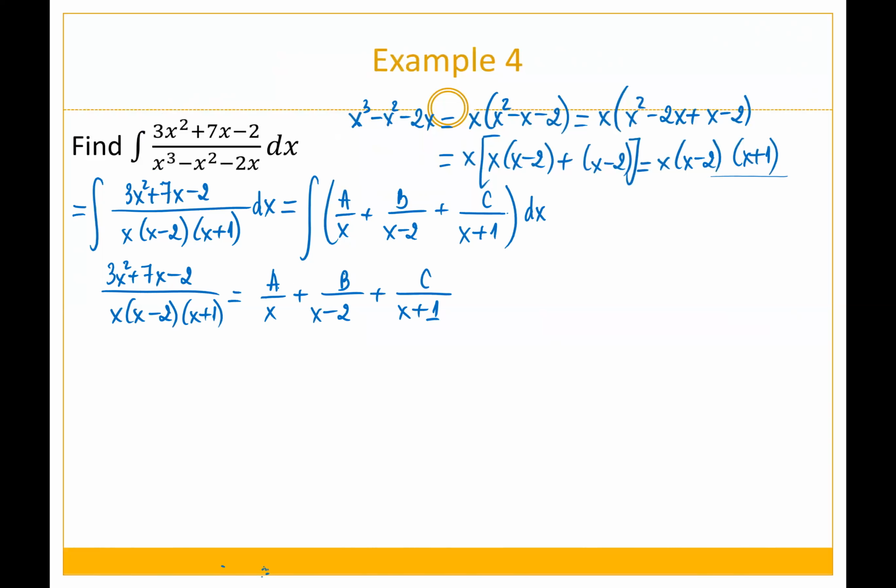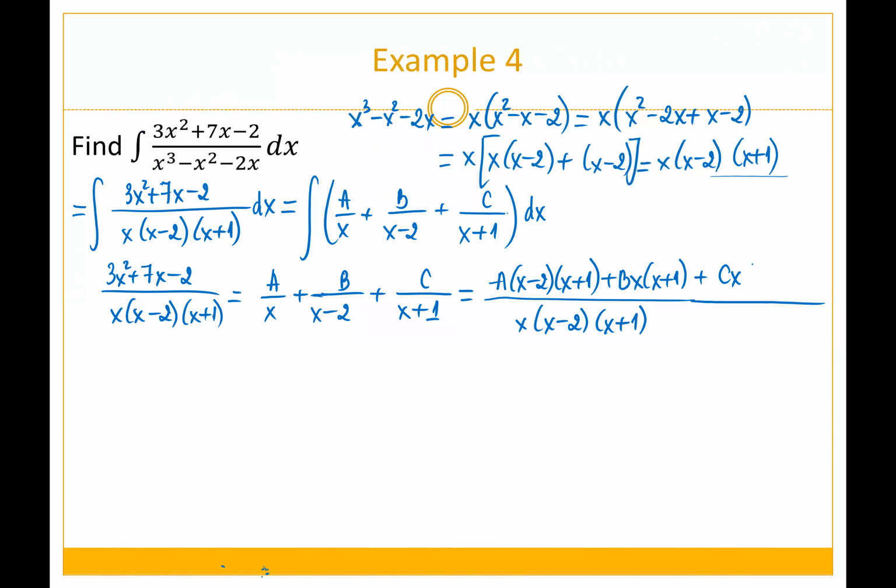To get from x to this big denominator, you multiply A by x minus 2 and x plus 1. For B, you have x minus 2 in the denominator, so you put x and x plus 1 together, so B times x and x plus 1. And then C times x and x minus 2.